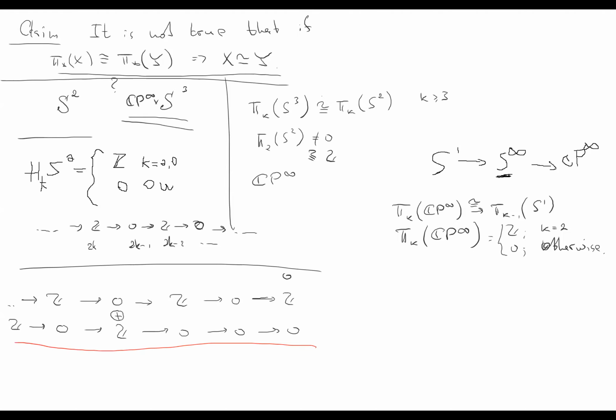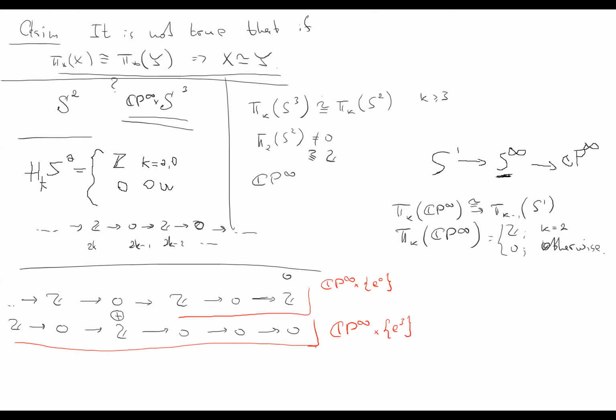This complex is just CP infinity cross the 0 cell of S3, and this one is the cellular chain complex for CP infinity cross the 3 cell of S3.